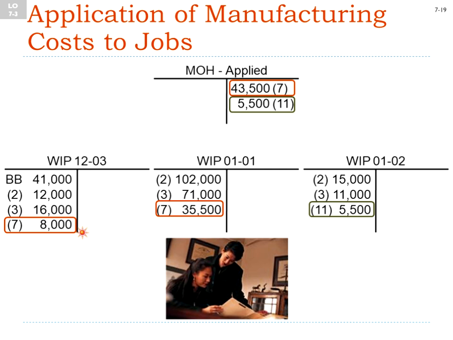Whenever you allocate the manufacturing overhead applied account to the sub accounts, you're going to remove it from that overhead account and then reclassify it as assets into your three sub accounts.